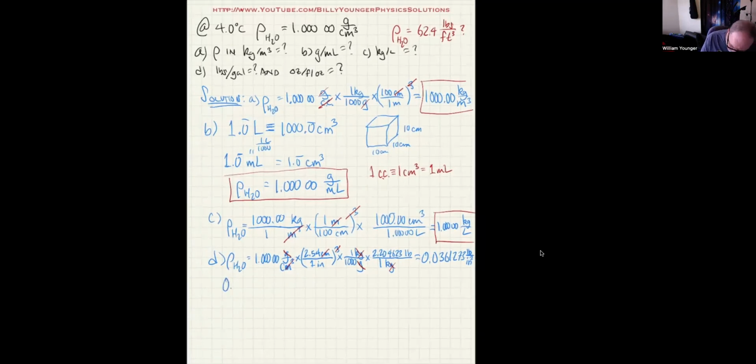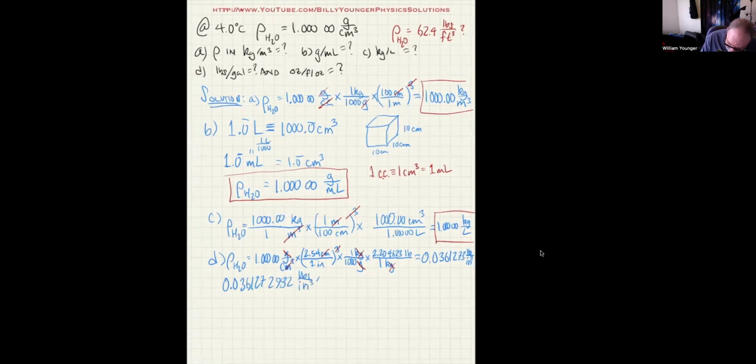So 0.0361273 and then 2982. And that's pounds per inch cubed.